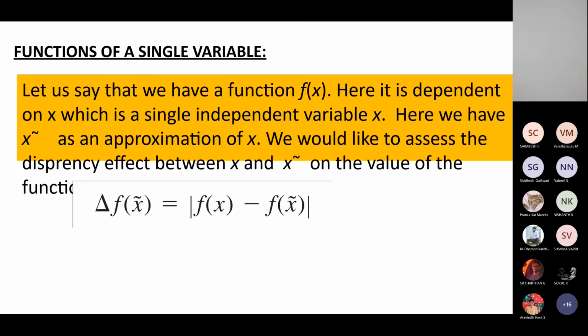Here we would assess the effect of the discrepancy between x and x bar on the value of the function. So we would like to estimate the approximation of the function, that is, delta f of x bar equals mod of f of x minus f of x bar. Next slide.